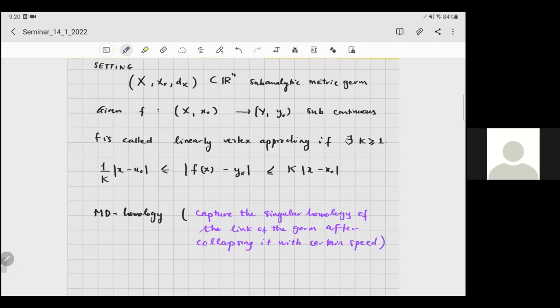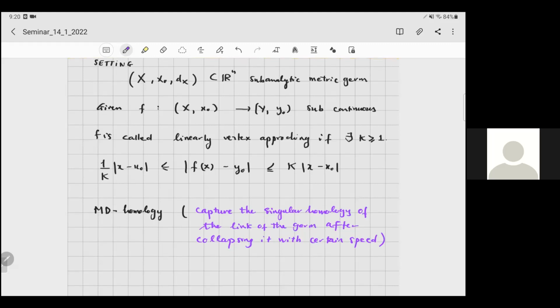The usual homology only captures the homology, right? But now we work with Lipschitz geometry. I mean, we have some collapsing at certain speed. So how to define it?